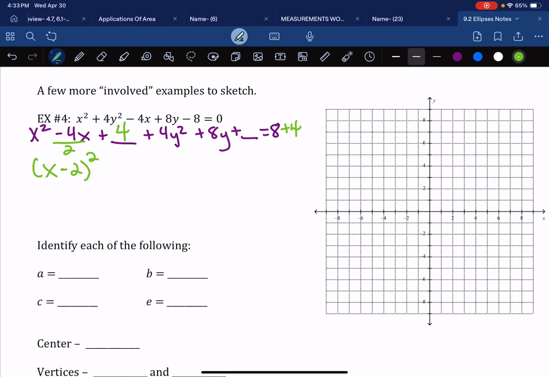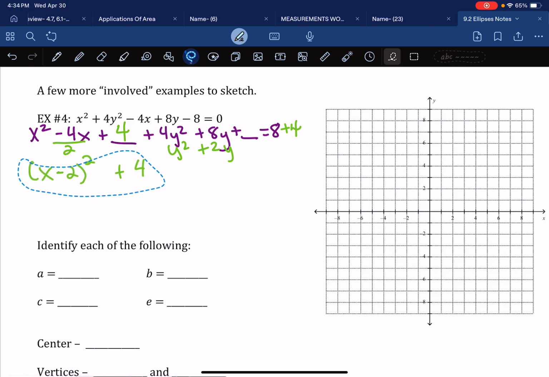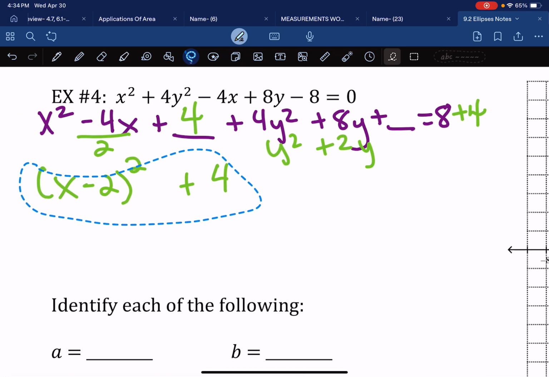Now, the reason I stopped a second ago is that these two have a 4 in common. So I'm going to take out that 4. If you don't, it's not the end of the world. If I take out that 4, then I would be left with y squared plus 2y. So now that's what I'm going to use. Oh, I did not leave enough room.